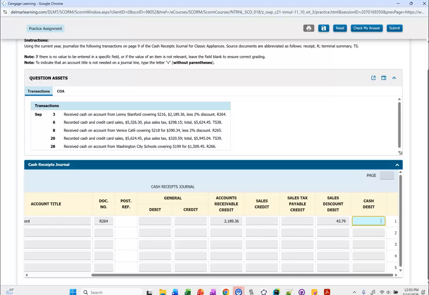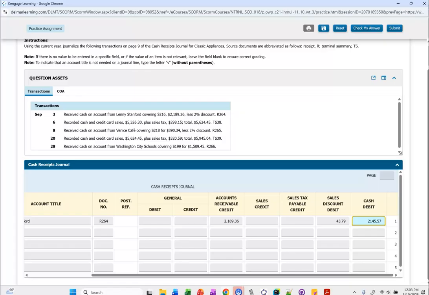So the amount of cash he actually paid was 2189.36 minus that discount of $43.79, which is 2145.57.